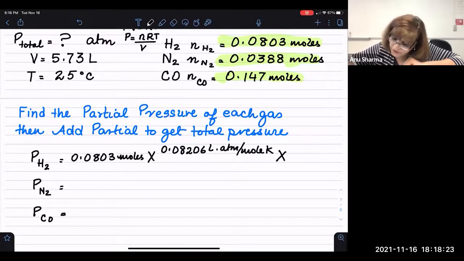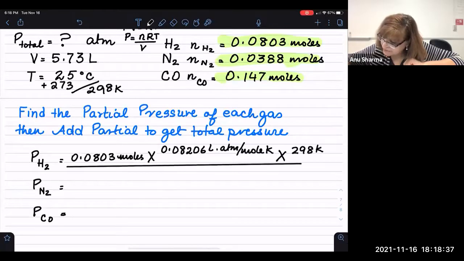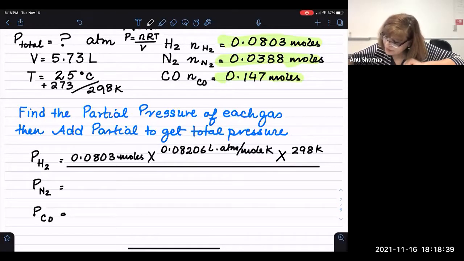We need to change this to kelvin: 25 plus 273 is 298 K. So times 298 K.